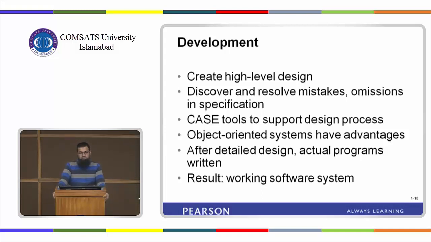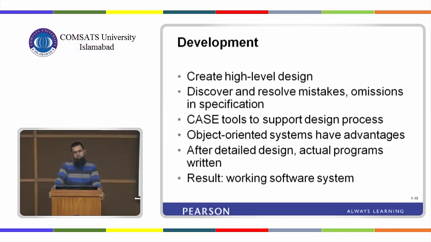Object-oriented systems have advantages. I think you have already studied this course. You are very familiar with these object-oriented concepts. This is very close to reality: in real life we have entities and objects. We try to map those real entities to programming languages, in object-oriented languages.